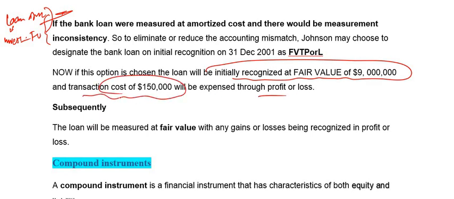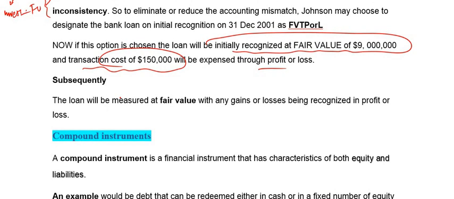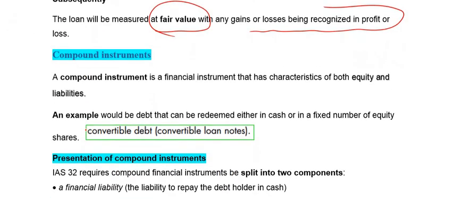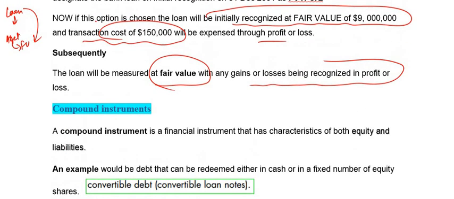Subsequently we will measure the loan at fair value to profit or loss, with any gain or loss recognized in profit or loss. So the thing is very clear: if you have taken a loan for an asset that is measured at fair value, the loan should also be measured at fair value. In the next lecture, inshallah, we will discuss compound instruments and some other things.